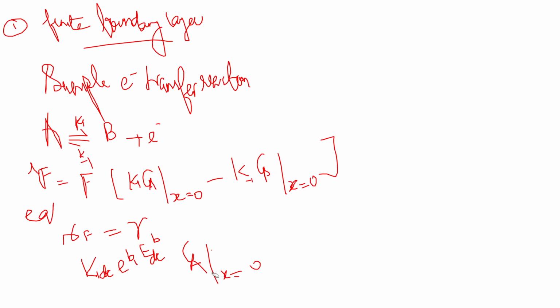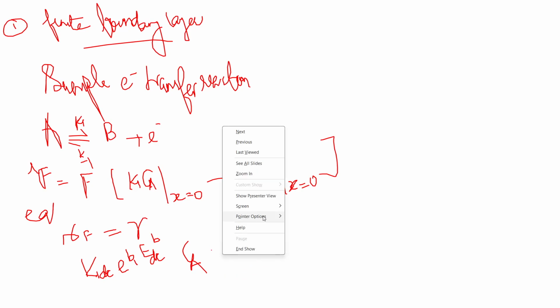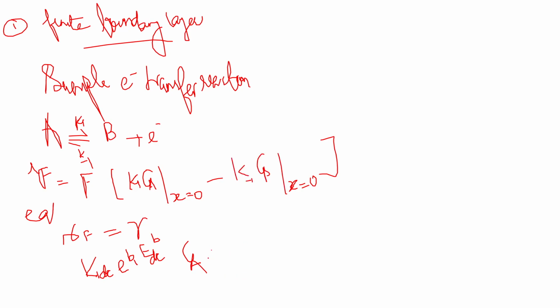At equilibrium enough quantity of A is available, so the bulk concentration will be the same as that at the electrode surface.